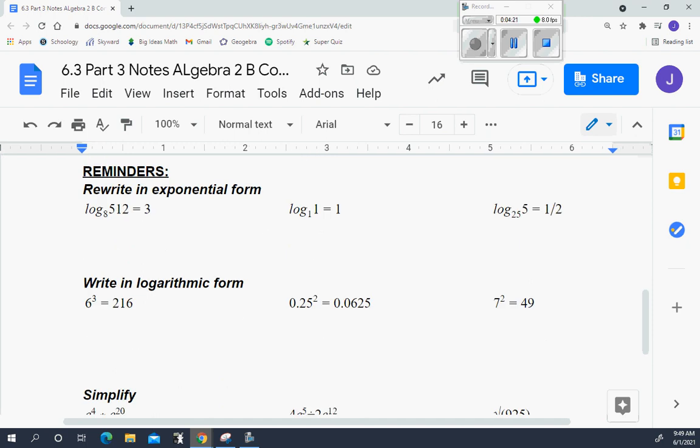Down here, just some reminders from the previous weeks. We want to rewrite these in exponential form. We start with the base, and we do the loop. 8 to the third equals 512.